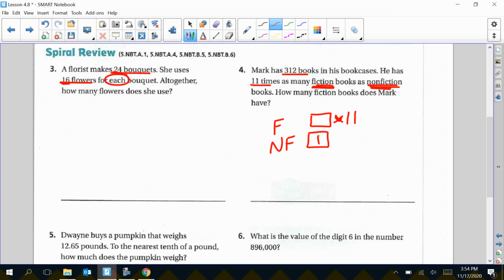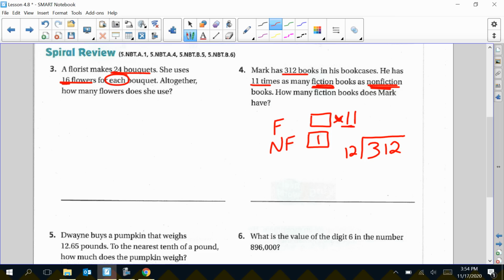So we have a total number of 11 boxes plus one extra box. So we're going to divide 312 by 12 because we have 11 boxes for fiction and one box for nonfiction. So that's 12 total boxes. Instead of drawing all 11 boxes out for fiction, I just put times 11.